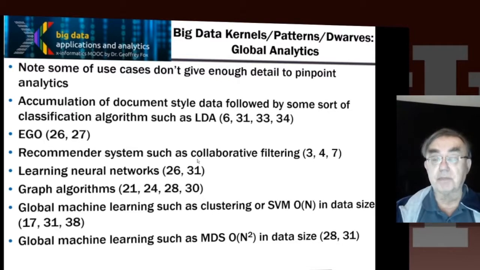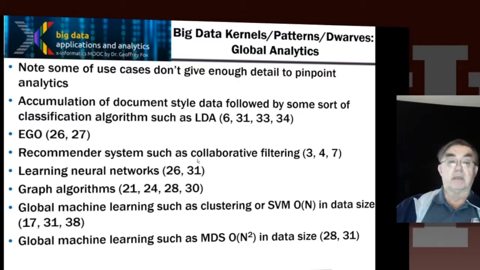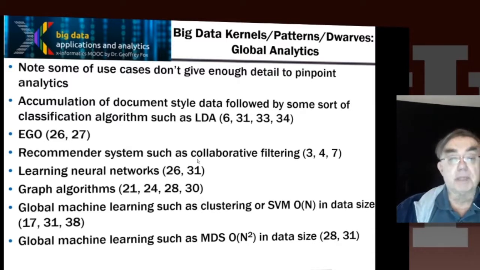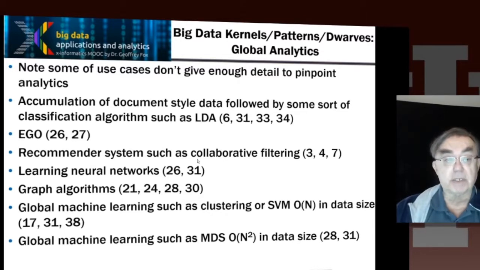After that, we can give some details of the machine learning used. But most of the use cases, actually, not just some, but most really don't give you enough detail to pinpoint the analytics. There are algorithms like latent Dirichlet allocation, which are used for classifying documents in an unbiased fashion. There are many such algorithms. There's 4 cases here of that. We mentioned EGO, large-scale optimization as an important class.